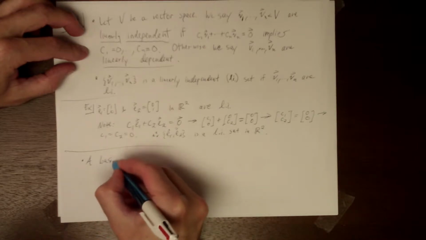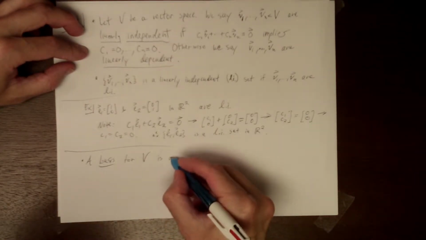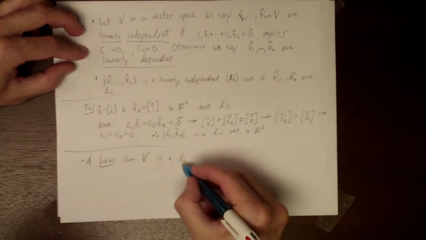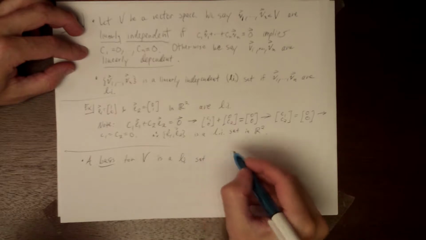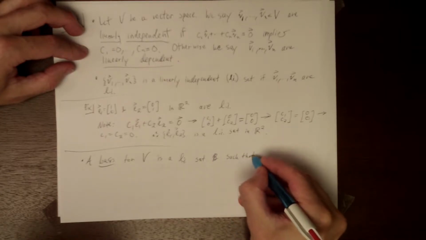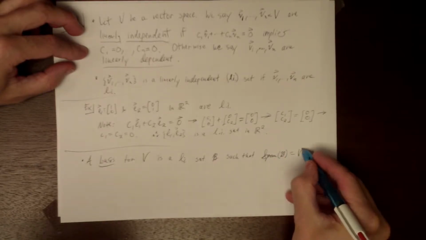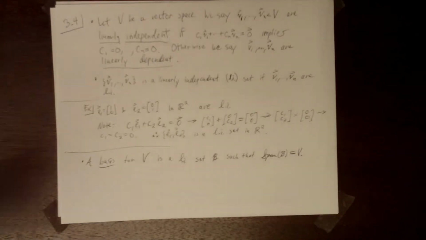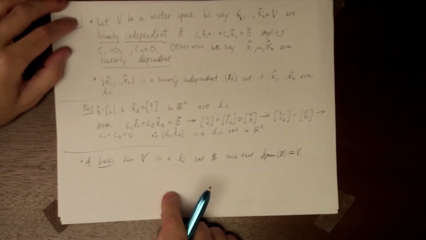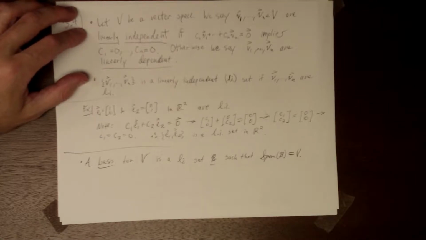A basis for any vector space V is a linearly independent set, let's call it B, such that the span of B is equal to V. A basis for V is a linearly independent set of vectors that are in V. Let's call that, say, B, such that the span of the set B is V.